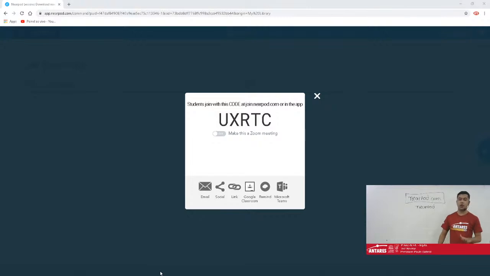Let's go. I'm waiting for you. Nearpod.com. Whenever the page is open, you are going to see that there is a student spot, and into this student spot, you are going to enter the code.